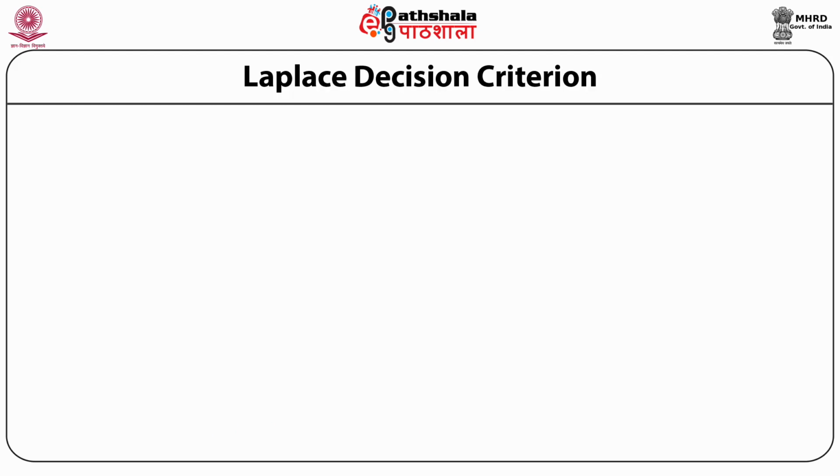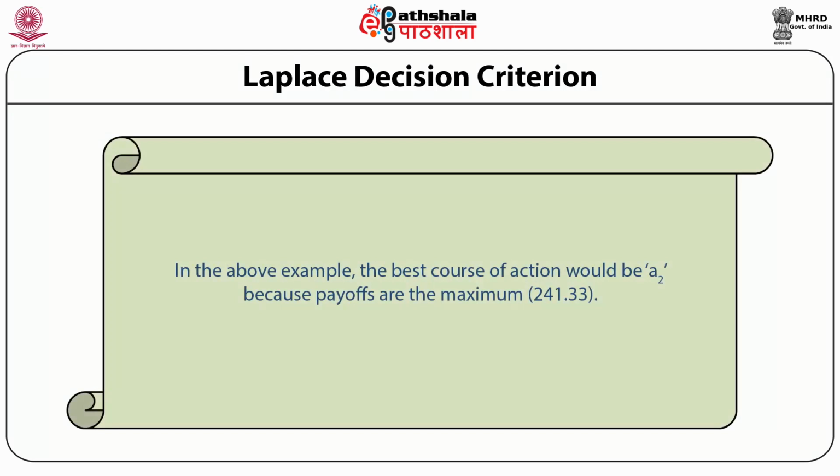So in this case, we will obviously go with the course of action A2 because it is maximizing our mean payoff for the different possible outcomes. I have already explained that the best course of action would be A2 because its mean payoff is the maximum, equal to rupees 241.33.